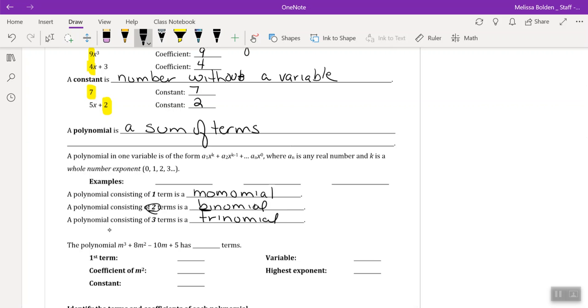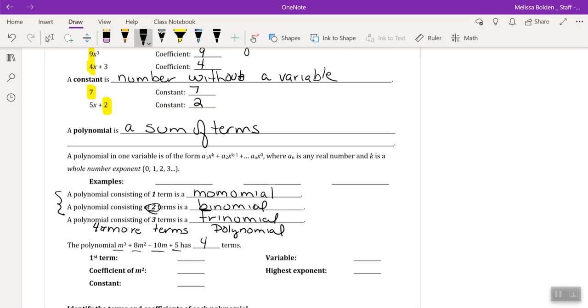And if it has 4 or more terms, we simply call it a polynomial. All of these are polynomials, they're just special cases, but after we get to 4 or more, we no longer give them a special name. So this polynomial has 1, 2, 3, 4 terms.